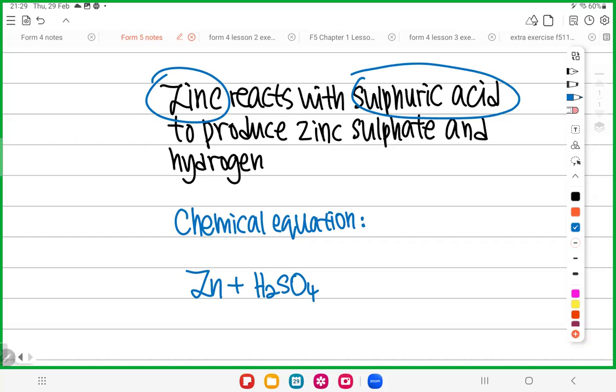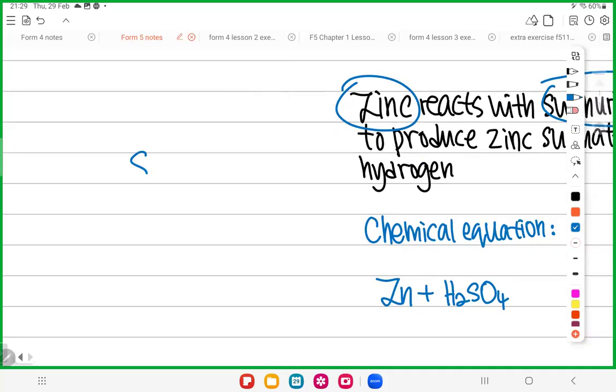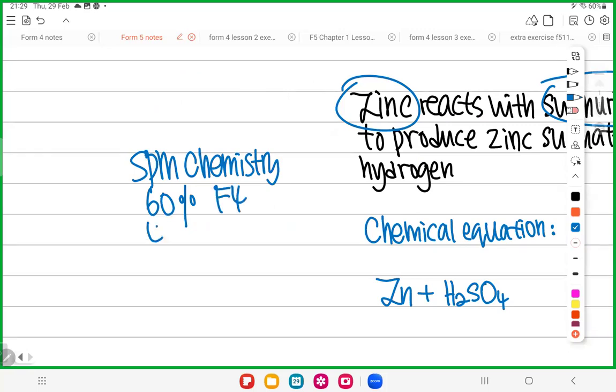I keep telling you all, guys, you not only need to master your Form 5, but from time to time, you need to do revision on your Form 4. In the SPM chemistry paper, about 60% of the questions come from Form 4. About 40% of the questions come from Form 5.